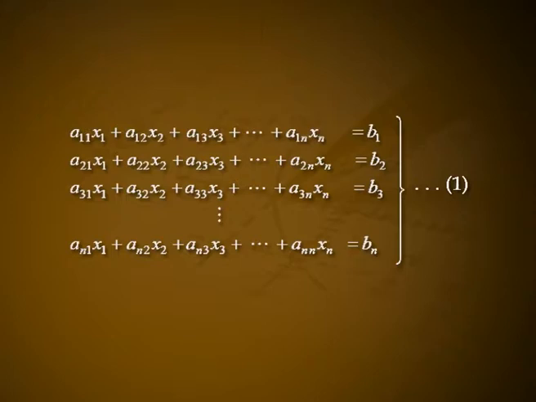Let it be equation number 1, in which the diagonal elements aii do not vanish.